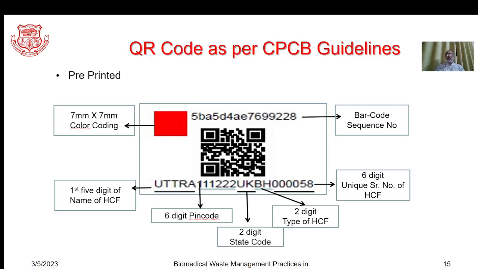So, according to these guidelines, these QR codes are pre-printed in a specific manner, showing the color coding, sequence number, name of healthcare facility, its PIN code, state code, the type of healthcare facility, as well as the unique serial number of the healthcare facility.